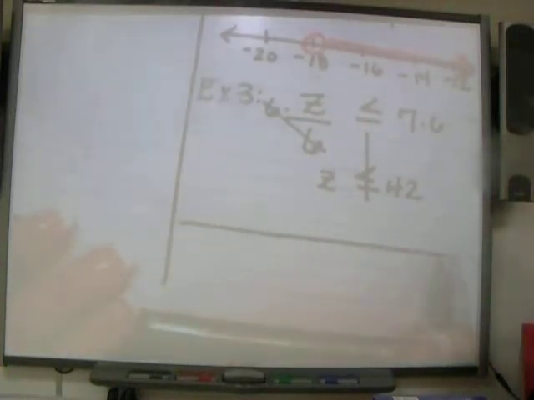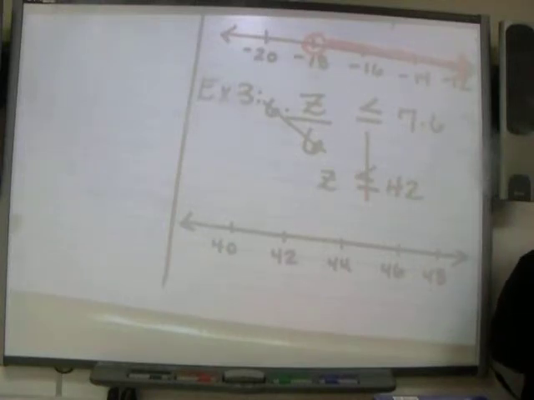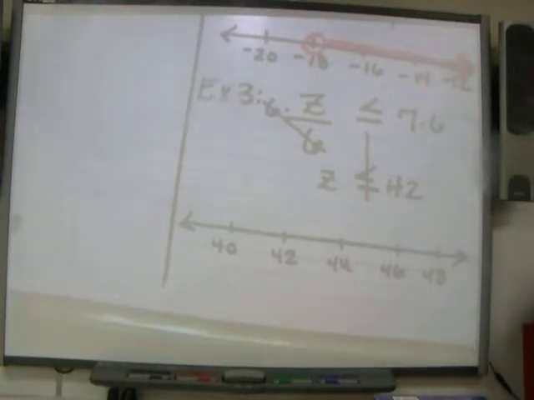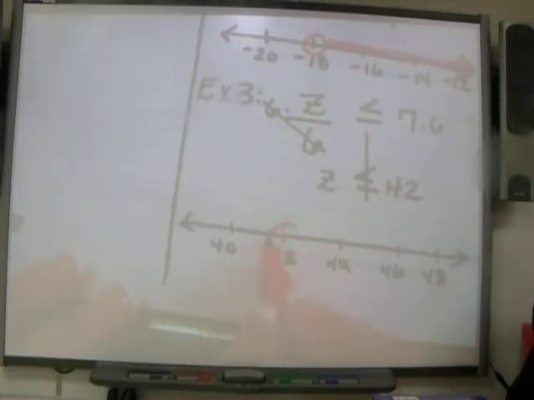Now our number line. Just draw out a quick one as long as your number is on there. 42 is the number that our circle goes over. Is 42 included?